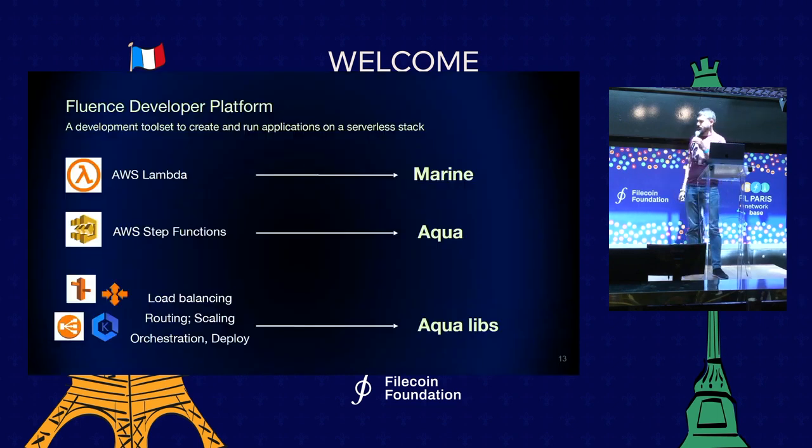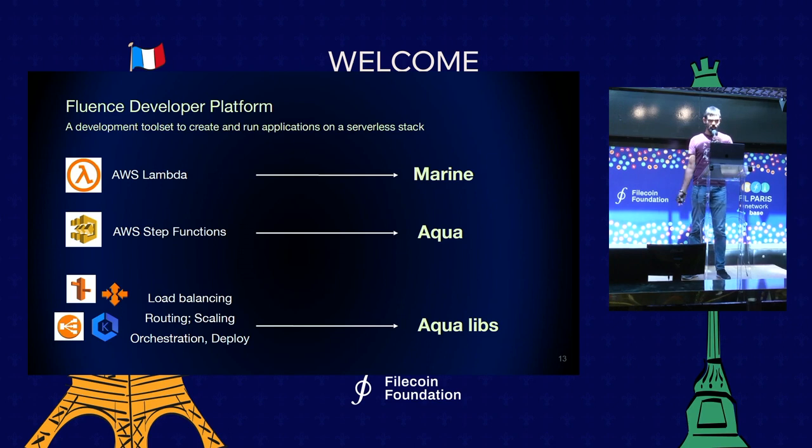For the developers, the simplest analogy, not super precise, but simple, is that we have something like AWS Lambda, Cloud Functions, and we have a WebAssembly runtime for that called Marine. We have an analogy for AWS Step Functions, distributed algorithms, and that's Aqua in Fluence.